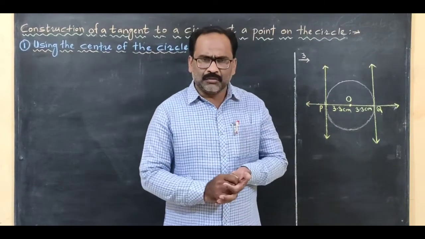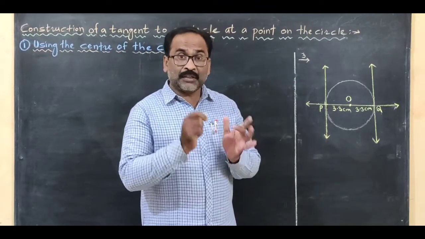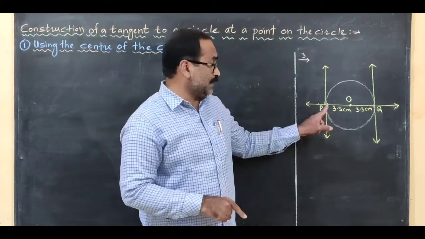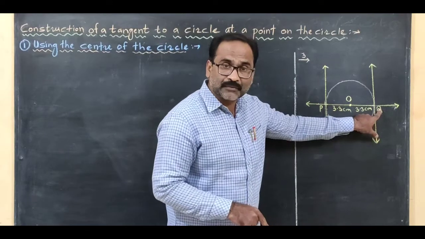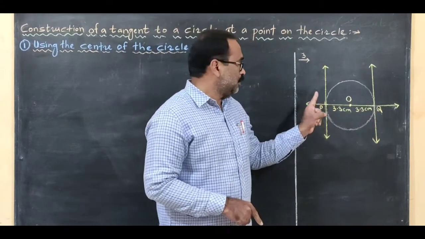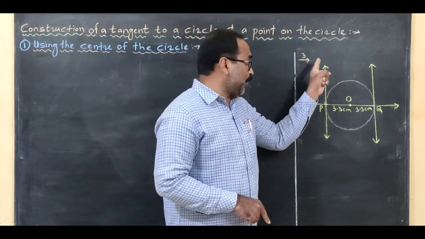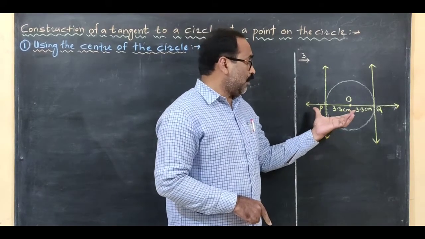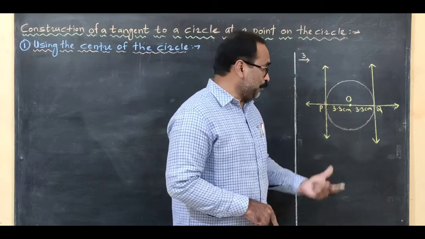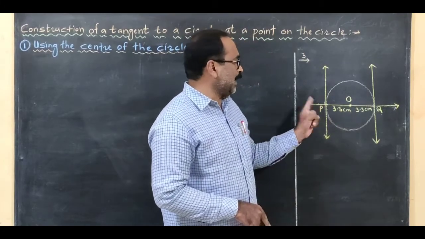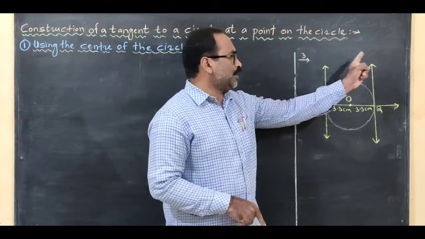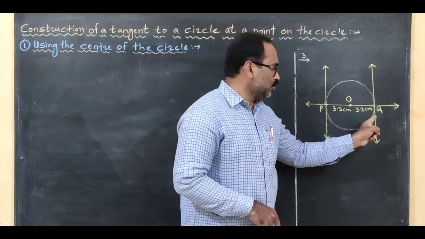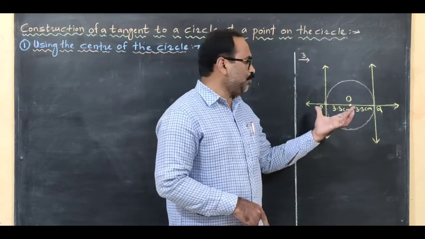Then he told you draw a tangent to a circle at point P and Q just like this. We draw a perpendicular at point P on diameter PQ. It is tangent at point P. We draw a perpendicular through Q on PQ.